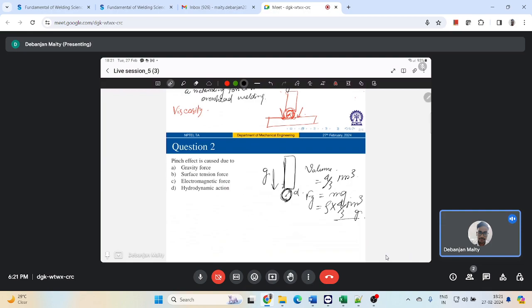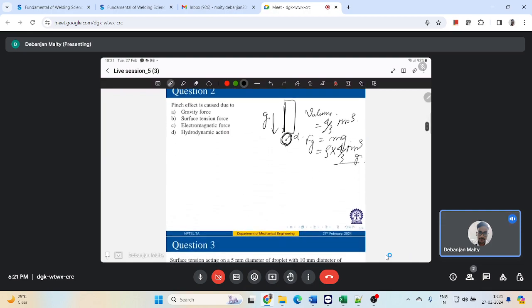We always talked about these charge carriers. In the arc, there will be formation of electrons and ions, and they make some electron bridging, and because of that the arc is getting generated, right?